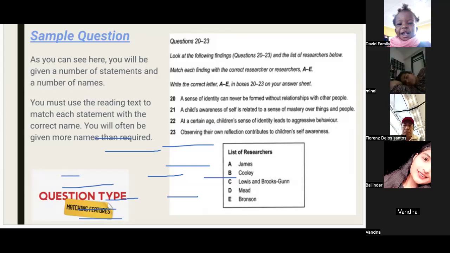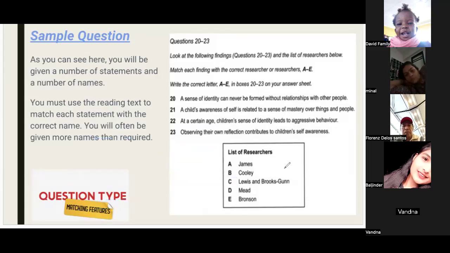And what else is given? A list of researchers' names is given. So these are the list. A to E are the names. You have to match which statement is said by James, which is by Cooley, Lewis, Mead, or Bronson.